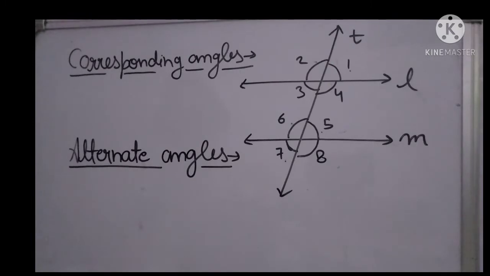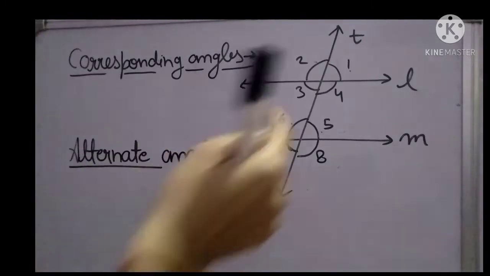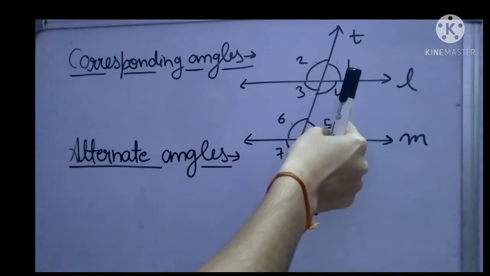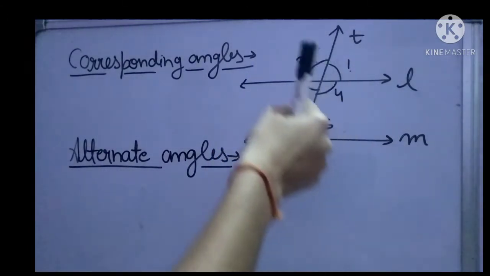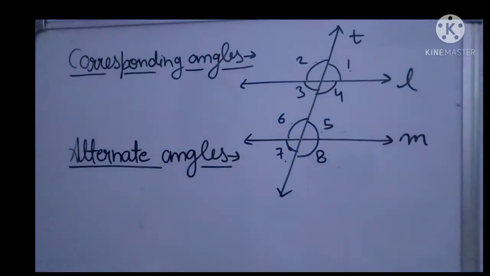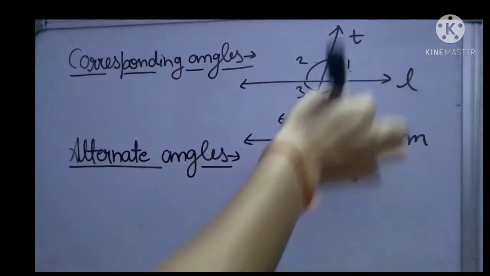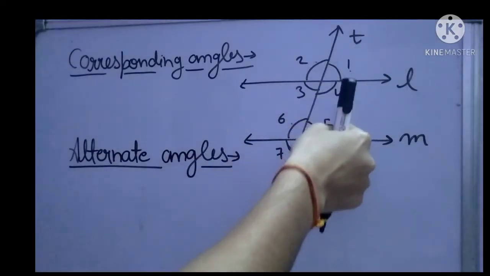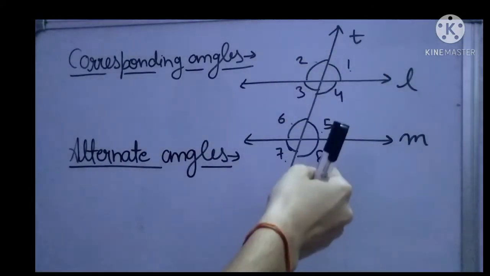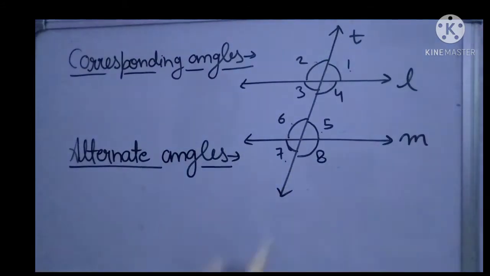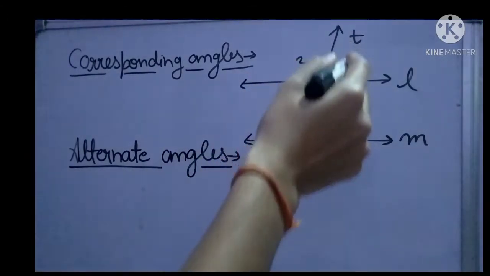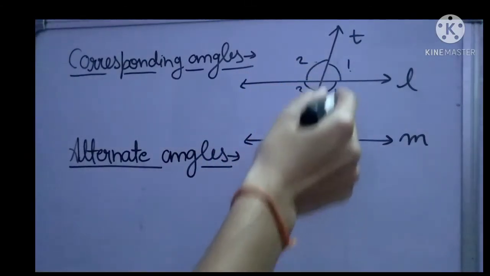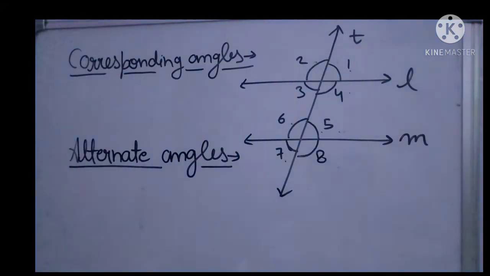So in this figure we have angle 1, angle 5, angle 2, angle 6, angle 4, angle 8 and angle 3, angle 7. Angle 1, angle 4, angle 5 and angle 8 lie on the same side of this transversal T. But among these angles, those where one is exterior and the second is interior are called corresponding angles.